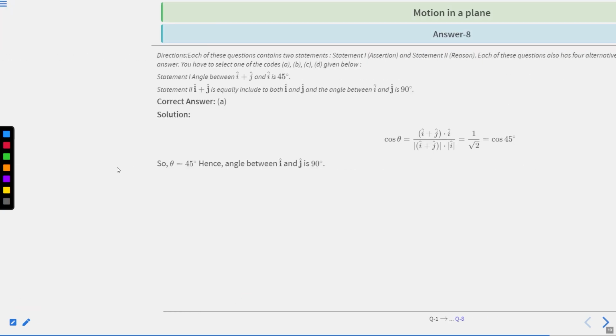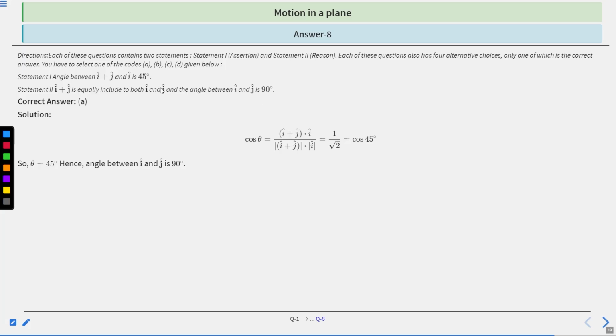Let's find the solution. According to the question, the angle between i cap plus j cap and i cap is 45 degrees. And statement 2: i cap plus j cap is equally inclined to both i cap and j cap, and the angle between i and j is 90 degrees.